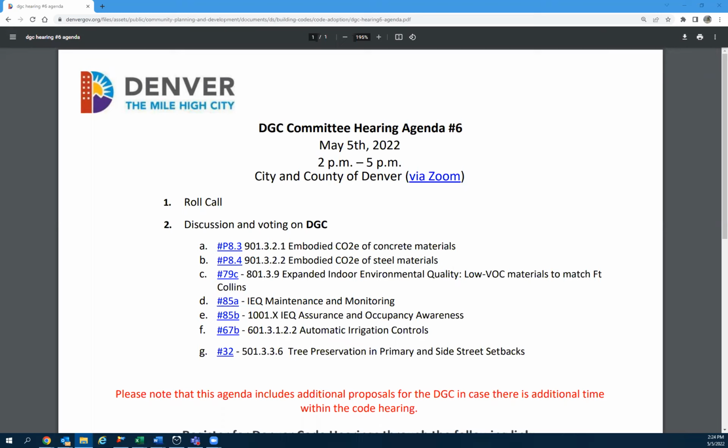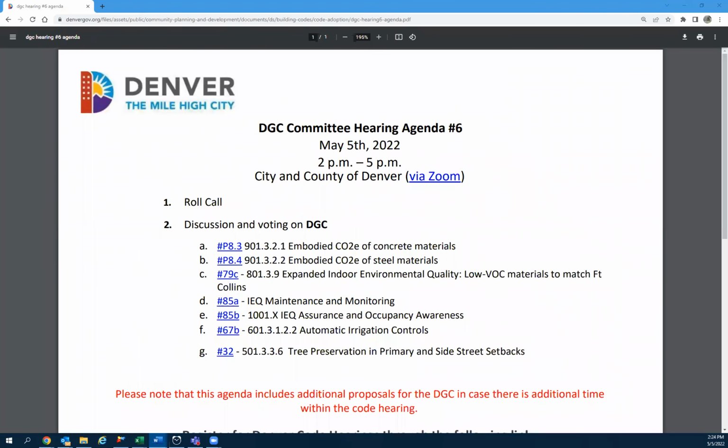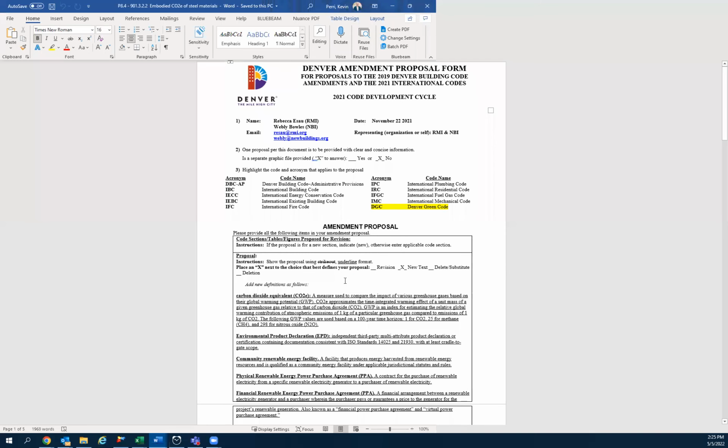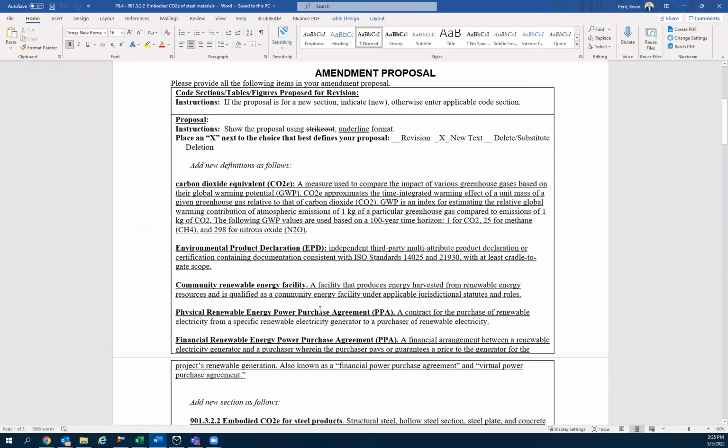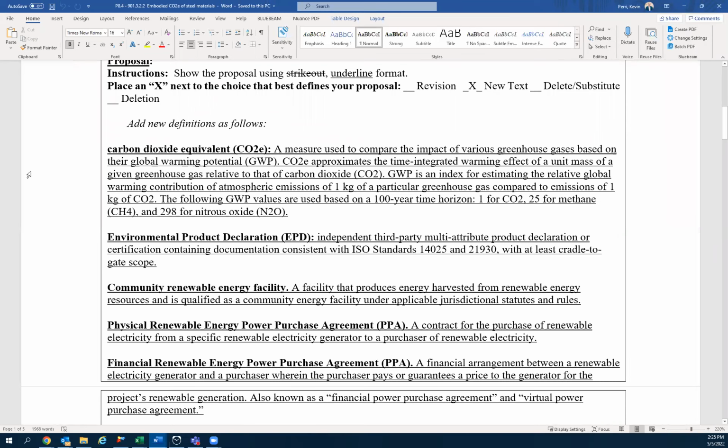The first requires EPDs for 75% of structural steel products by weight or cost. The second portion requires low carbon steel for 75% of structural steel products. The structural steel products can comply with the second requirement by either meeting specific global warming potential or GWP limits, or by purchasing products produced in a facility that procures renewable energy.